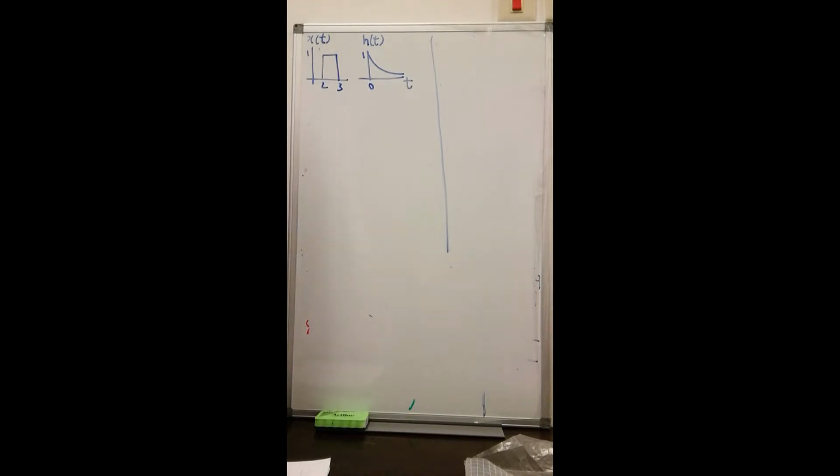Okay, this is another question on convolution. We have x of t, which is a rectangular pulse, and h of t is an exponential function. In all of these cases, because now my h of t is not flat, it's an exponential, when we shift it, it will change the function.